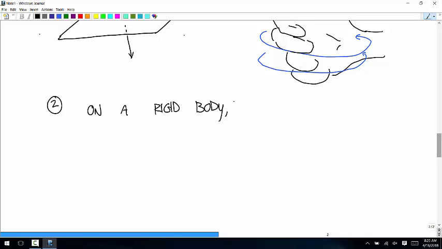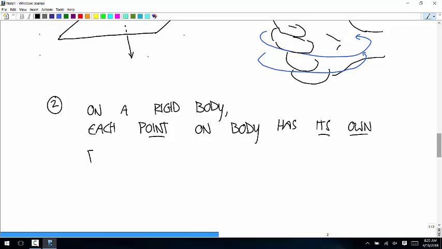But on a rigid body, that's not true anymore. Each point on the body has its own position vector, velocity vector, and acceleration vector. Okay, that's an important idea.